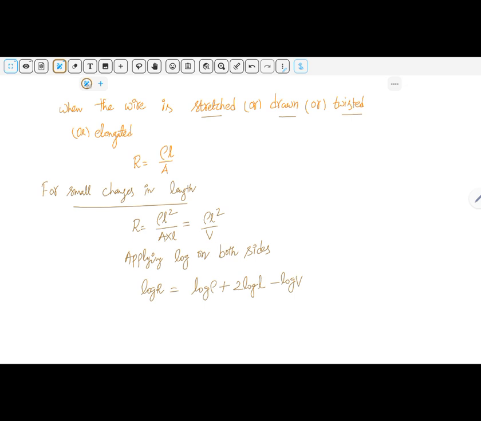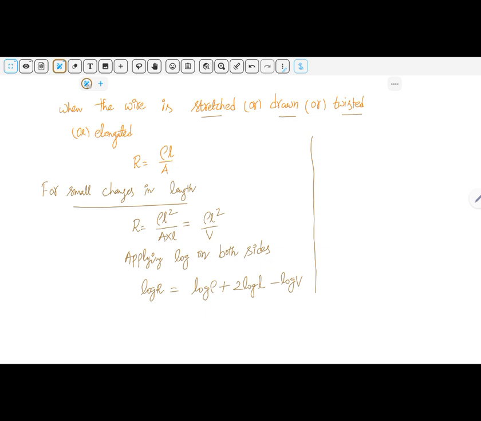Now I am only concentrating on changes in length. That's why the volume remains constant, so it is 0 if you take the differentiation. And for log rho, if you take differentiation, it will also become 0.